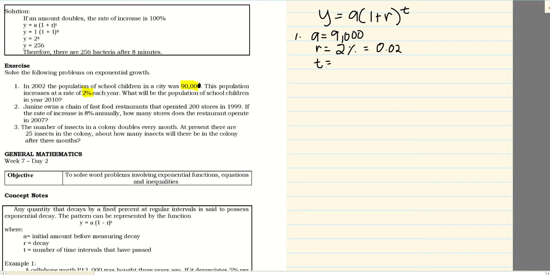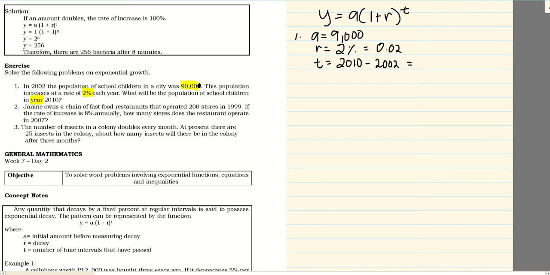Then the time. Of course, the time has units, like years, minutes, or months. So it is 2010 minus 2002. Why did I subtract? Because we need to know how many years are between 2002 and 2010.